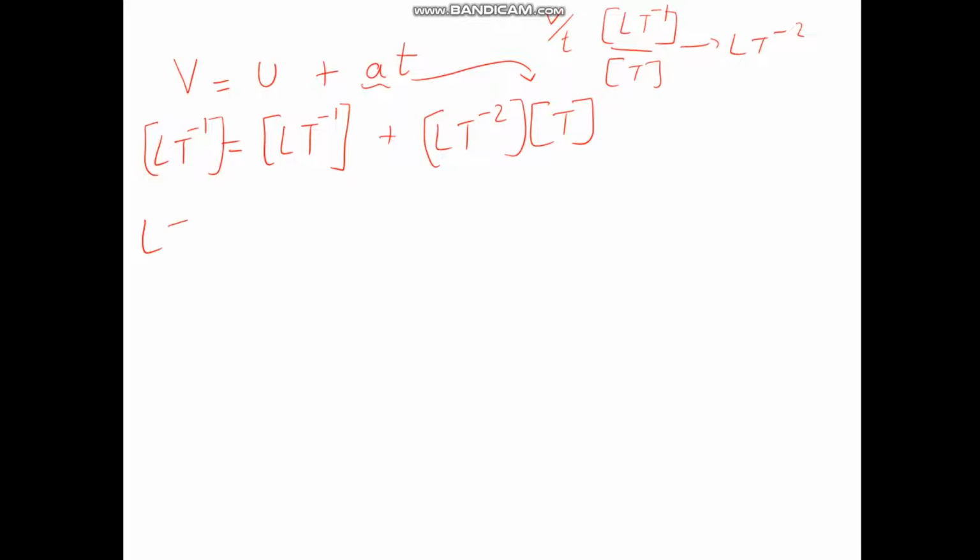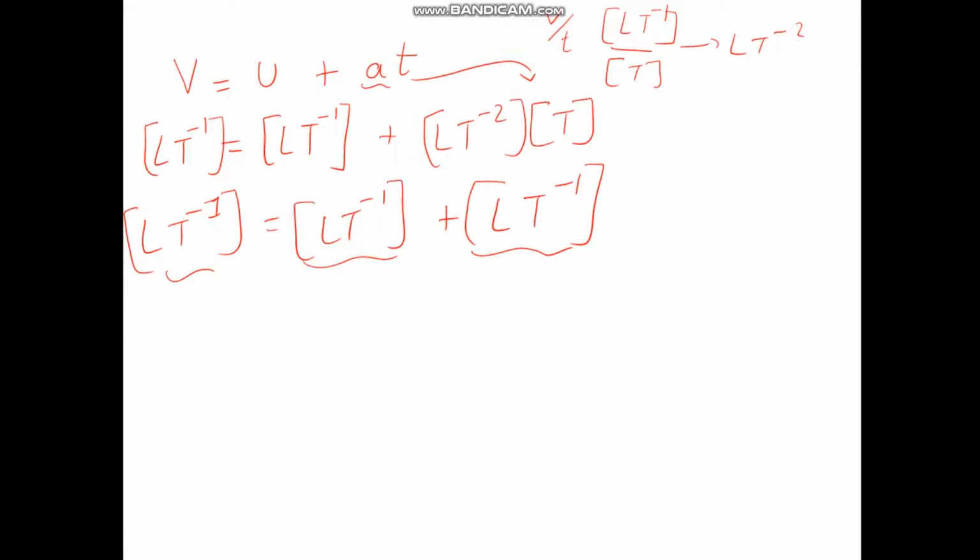Plus this is acceleration, which is nothing but velocity by time. Velocity's dimension is L T power -1 and time's dimension is T, which comes out to be L T power -2. So L T power -2 into time, which is T. So see that L T power -1 is equal to L T power -1 plus L T power -1. See, all the terms have the same dimension.